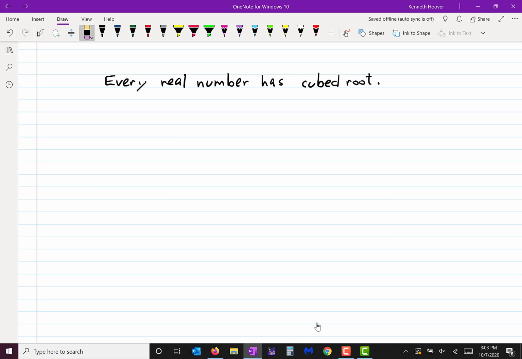Or is it proper to say a cube root? Because you wouldn't say a squared root, would you? Okay. So when you look at that, it should jump out at you that that is a quantified statement.